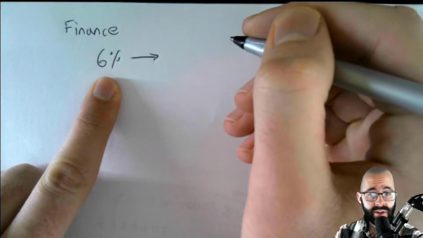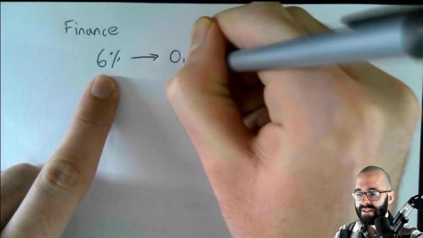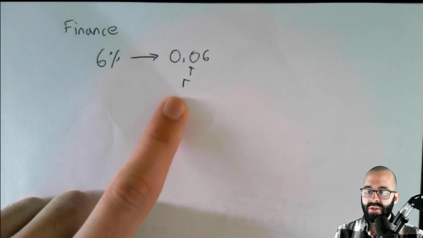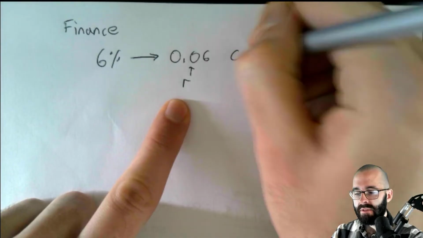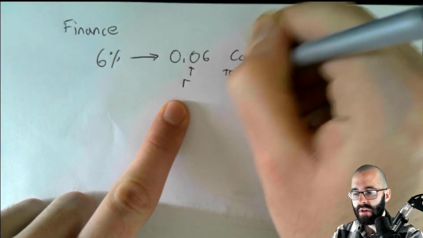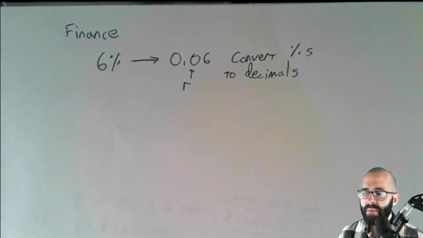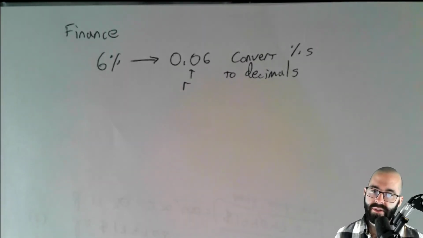Okay, so you always need to convert, just like we did at the beginning of the quarter, convert that 6% to a decimal. And this is going to be our R value in these problems. So do not forget to convert it to a decimal, right? Convert percents to decimals. Basically, almost always. That being said, if you type in 6 with the percent in your calculator, it should still work out, depending on what kind you have.